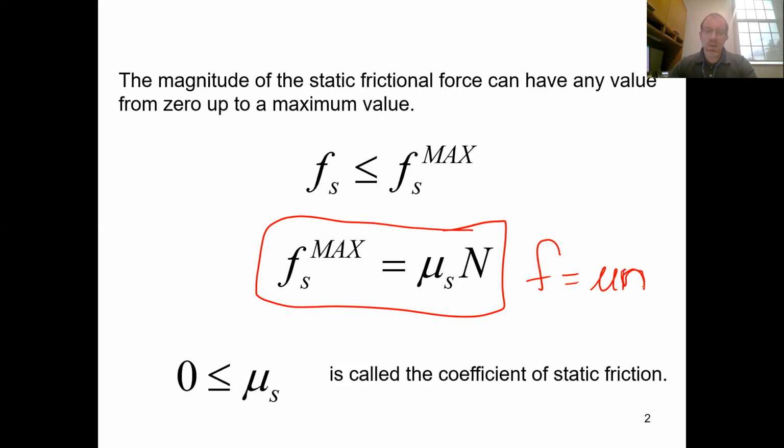So thinking about what's going on here, our maximum static friction is equal to this mu times this normal force. What's mu? Mu is what's called the coefficient of static friction. So that's going to vary depending on what our two surfaces are. So I could rub my hands against each other. That's skin on skin. I could rub my hand against the cover of this book. Maybe that's skin on cardboard or something.